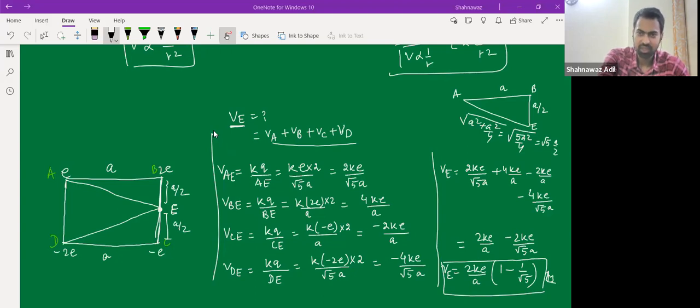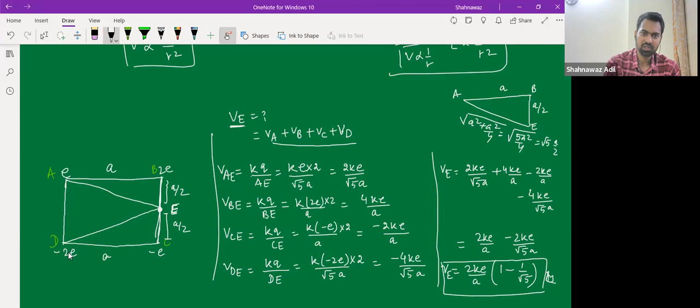Okay, so please take the screenshot of this question. This was the homework, right, Hasib? I guess you were traveling, so you couldn't do this. So please take the screenshot. The question was that we have to calculate the potential at this E point, and we have 4 charges.